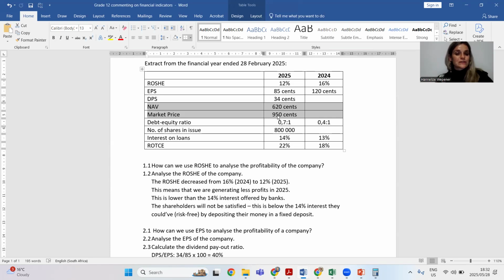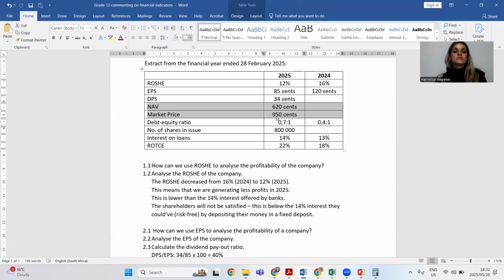But you must also look on the Debbie Downer side of this, because remember, the people think you are doing well. They regard you as a good company because of the image that you put out there. So the question would just be, why are people valuing your company at 950 cents per share when it's only 620 cents? Are you perhaps being deceitful? Are you trying to fool people, trying to trick them into buying shares by selling this wonderful dream?